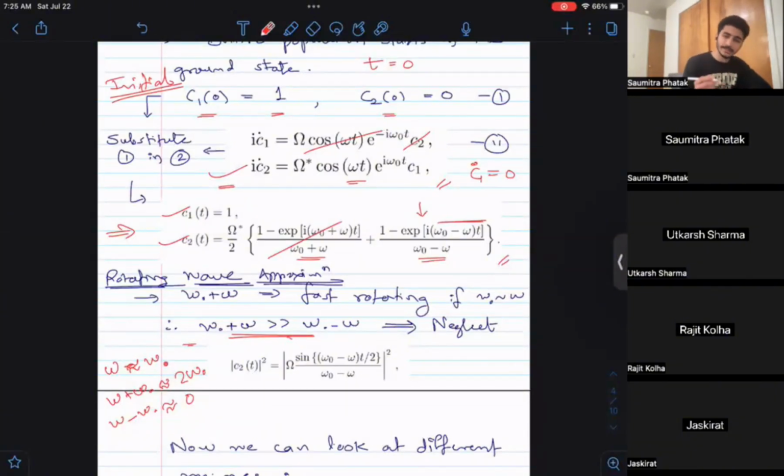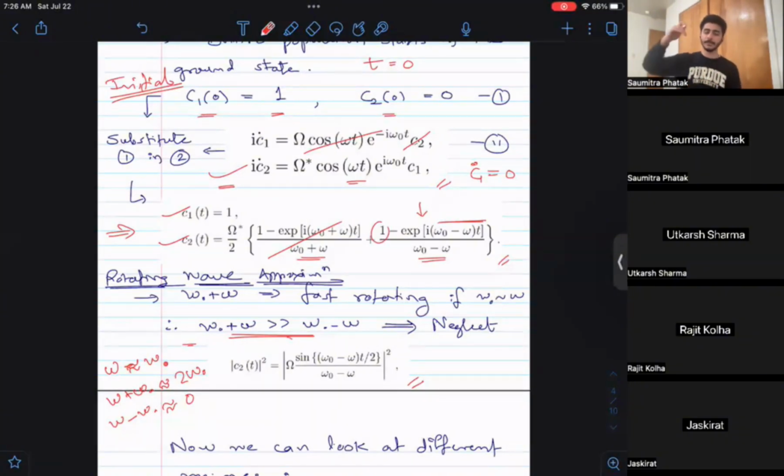So that 1 and this already existing 1 will cancel out each other. And what expression you will get is like this. So you'll get the expression in terms of sine, and the imaginary part goes away again because you have also taken the square. Once you take the square of the coefficient, what you're now getting is the probability of the time evolution.